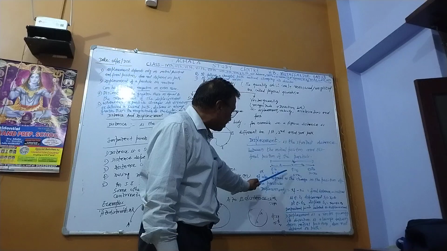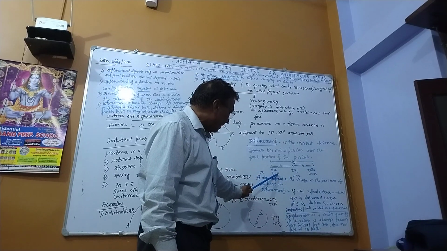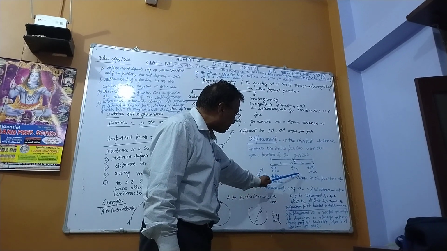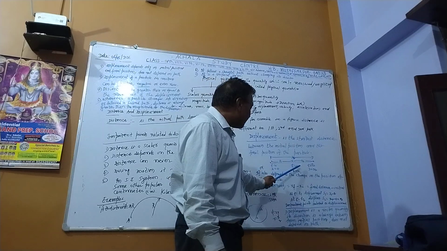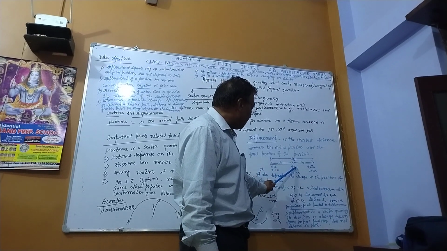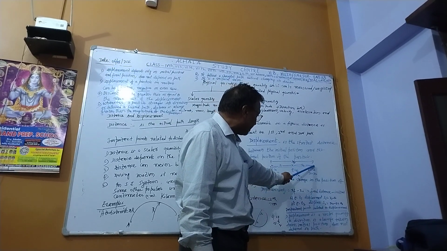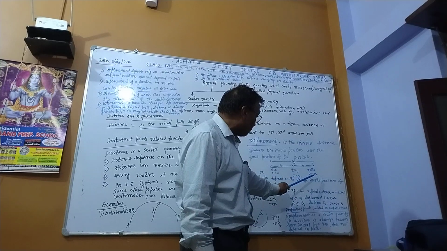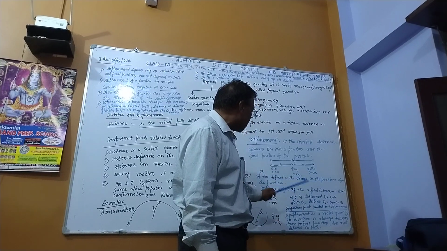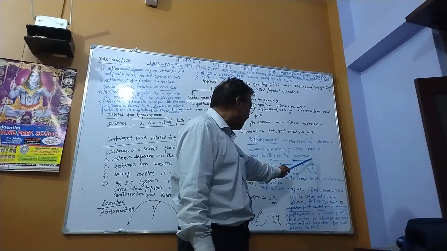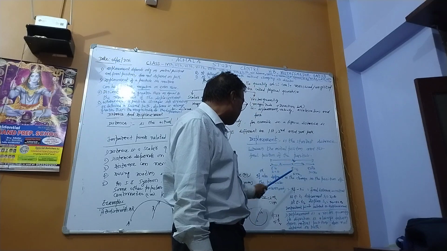The time becomes t1 and the distance changes from x0 to x1. And after some time it starts again and reaches this point. Now the time becomes t2 and the distance s2. The total distance will become s2.